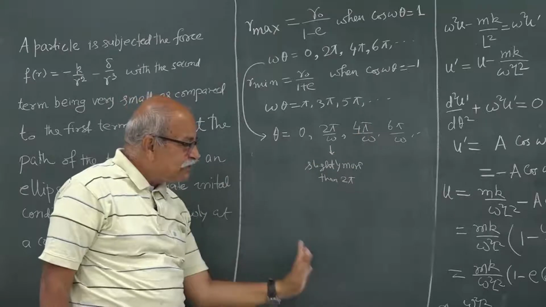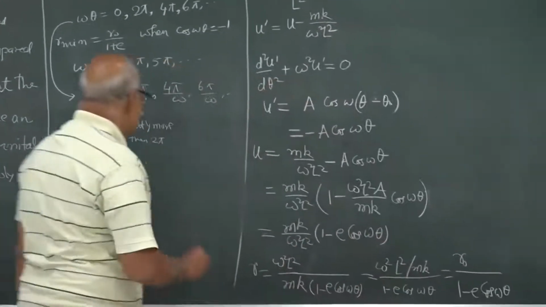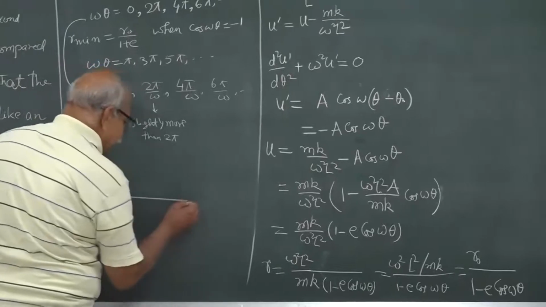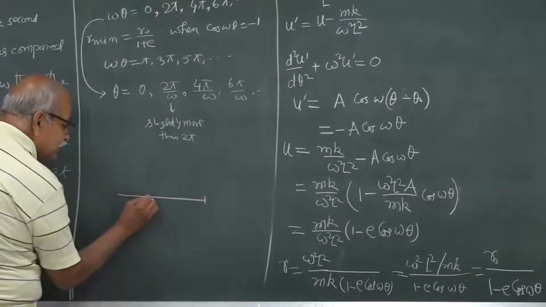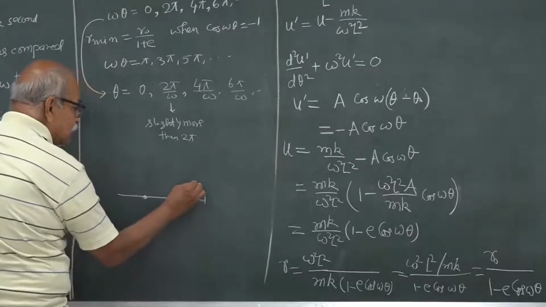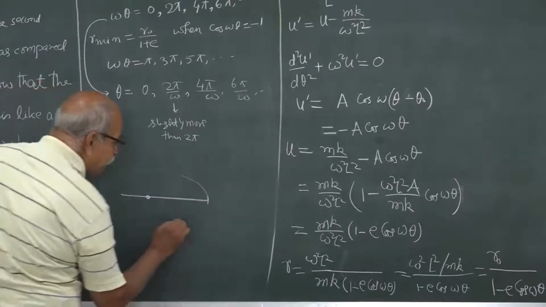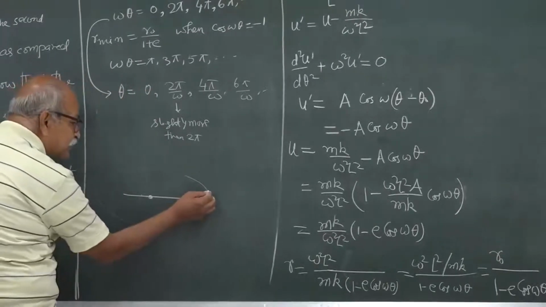It is a kind of ellipse, remember, as omega is very close to 1. If your ellipse started like this, with this as the maximum distance of the particle, normally it should have come back here to become maximum, but now it is becoming maximum here.